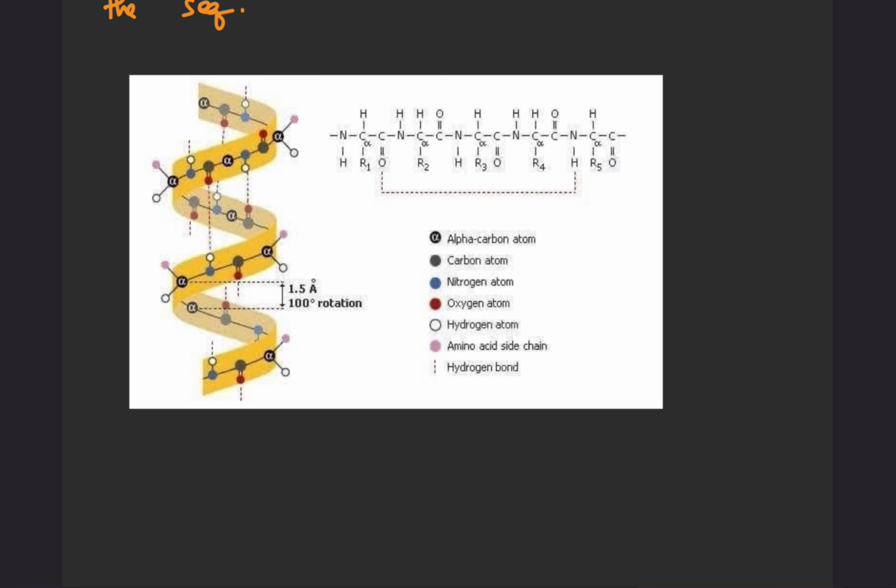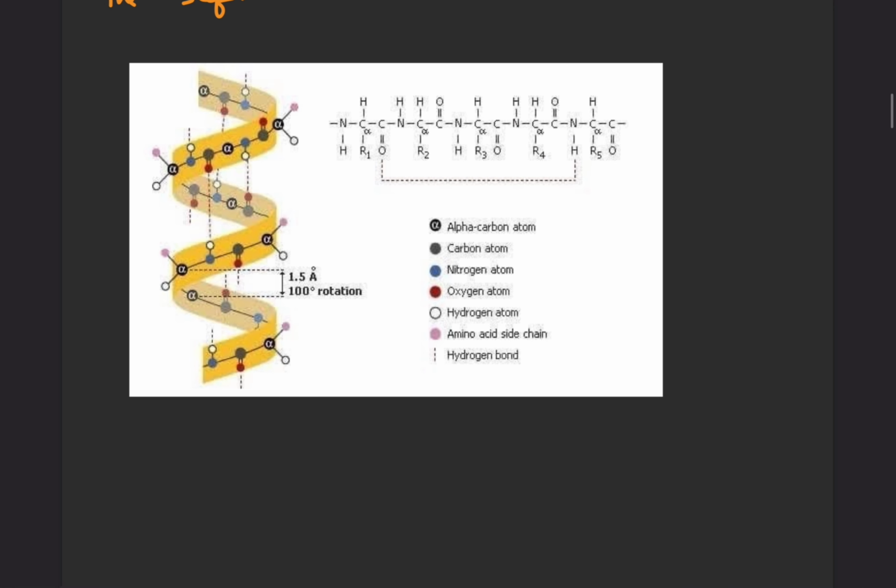Okay, so there is hydrogen bond between CO of one amino acid residue. Let's say this is the first one, and the NH of the amino acid that is situated four residues ahead. So let's say this is the next one, 2, 3, 4, 5.